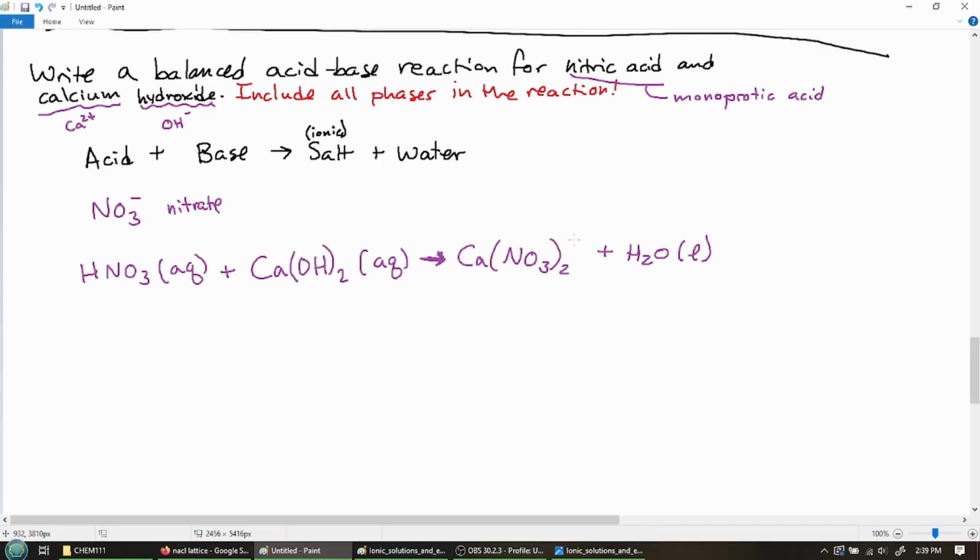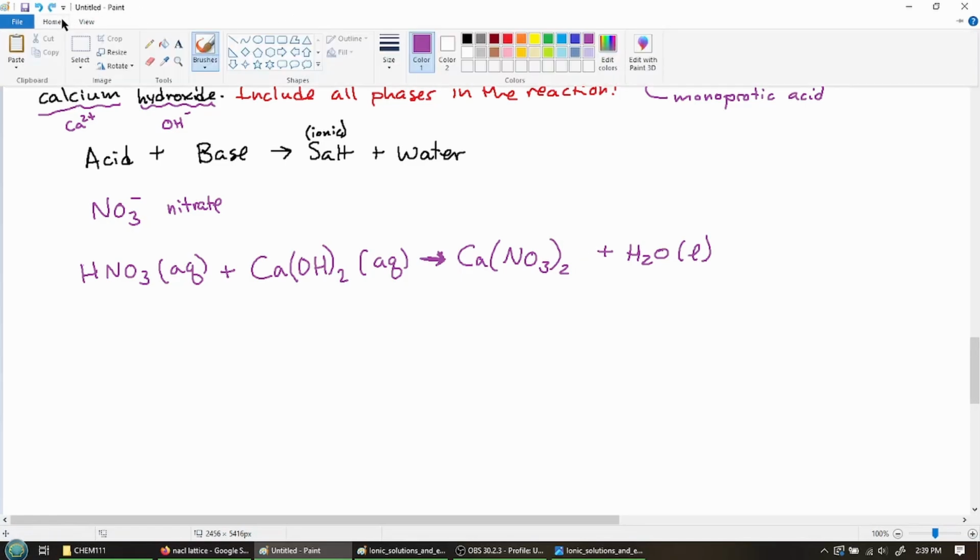Now what's this last one going to be phase-wise? It's going to be aqueous. In fact, let's make a little bit more space for ourselves.